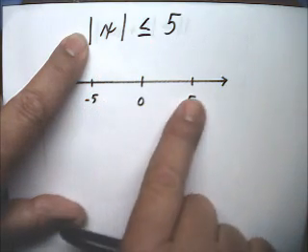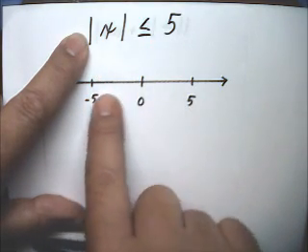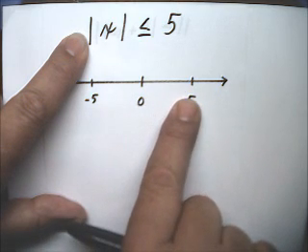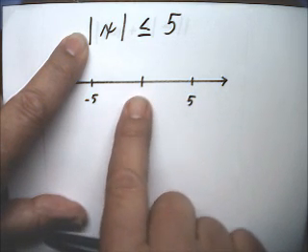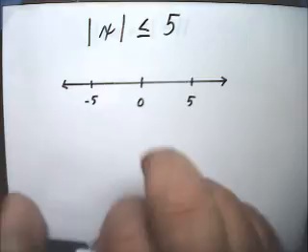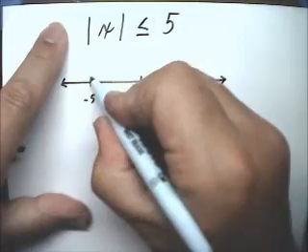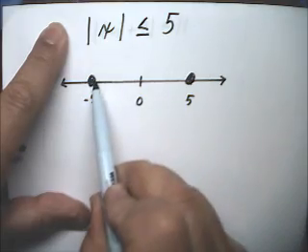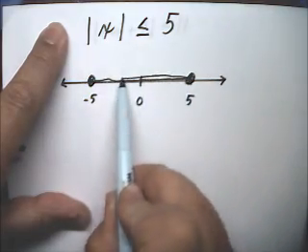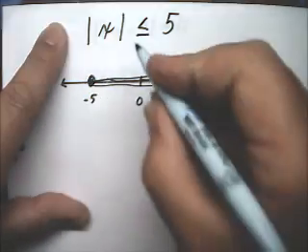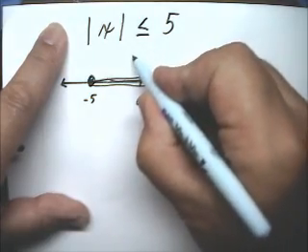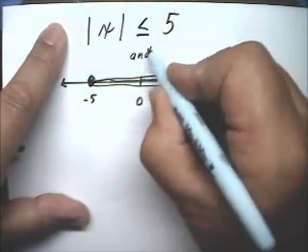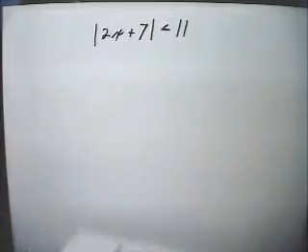So the solution for this is everything between negative 5 and positive 5. That's an AND condition. When the graph looks like this, and it's everything between, that's an AND condition. So that's what we will have here, an AND condition when it's strictly less than.